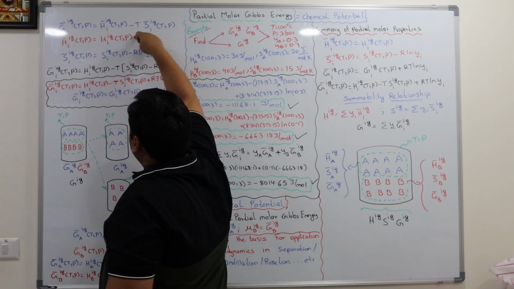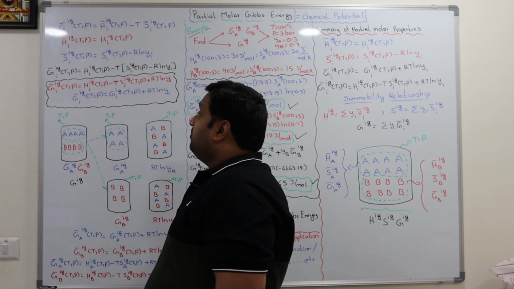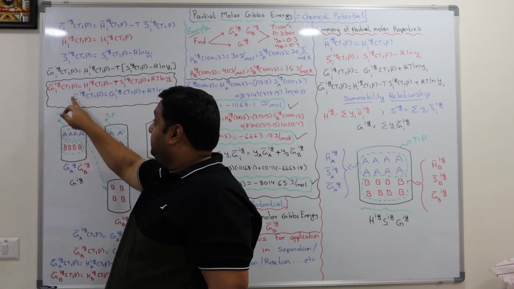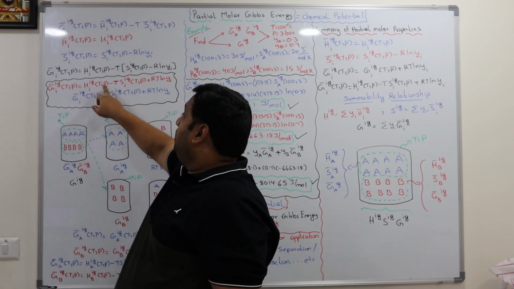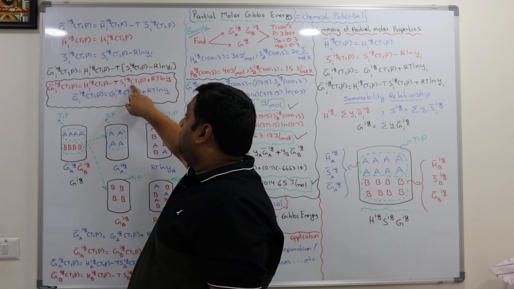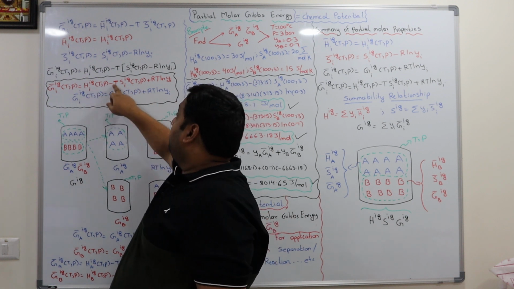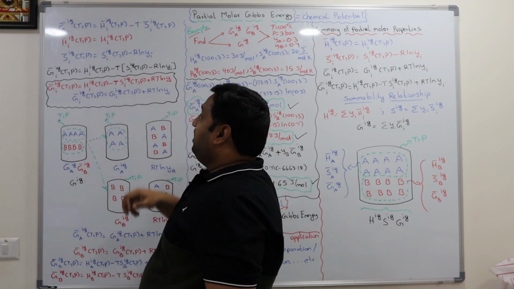Let us substitute these two into the above formula. Finally, the partial molar Gibbs energy is the pure enthalpy of i minus T times the pure entropy of i plus RT ln yi.